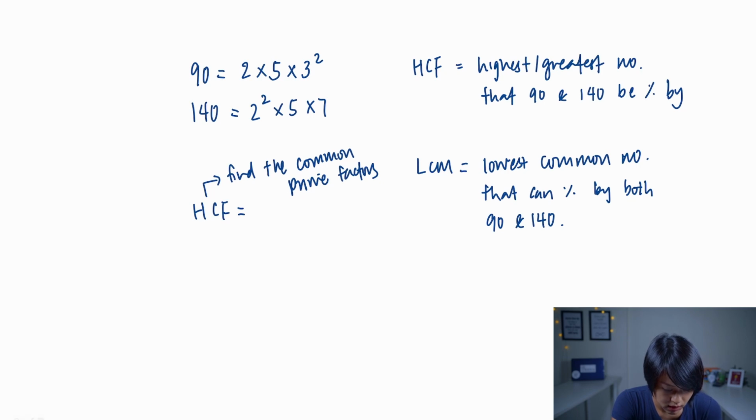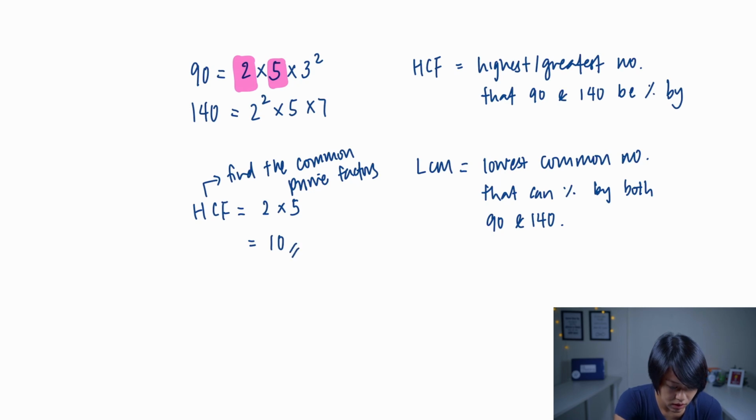Comparing 2 and 2 square, the common number between them is 2. Next, the common number is 5, and that's it. There are no other common prime factors. So your answer is simply 2 times 5, which is equal to 10.